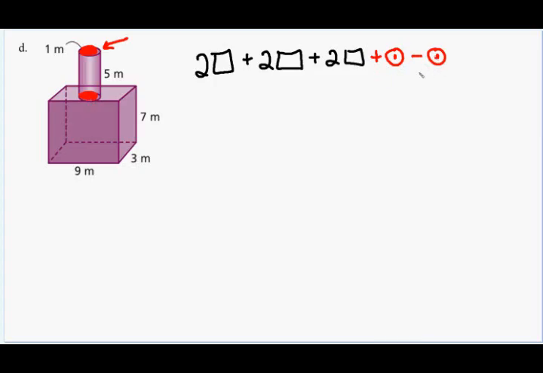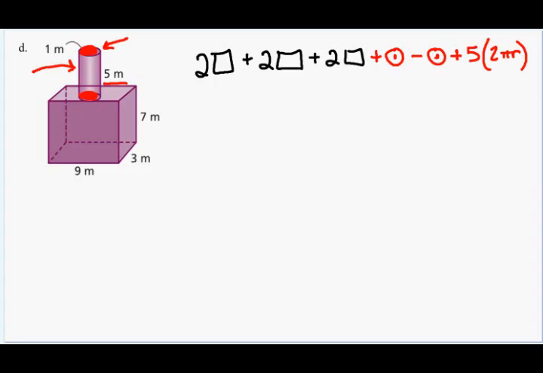So that's sort of going to wash out. And then we're going to need the lateral edge of that, let's just call it a Pringles can again. So it's going to be base times height. Once again here, the height is going to be 5. So we're going to have 5, and then we're going to multiply that by the circumference of that circle. So that's going to be 2 pi r.